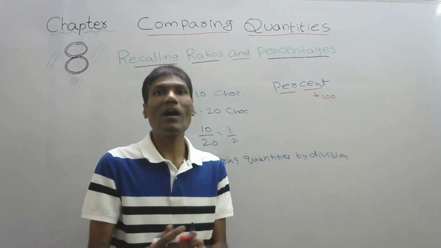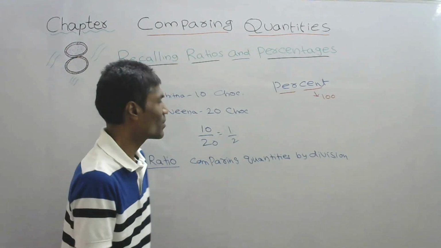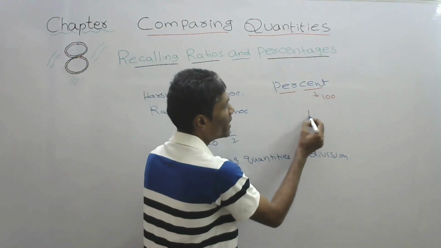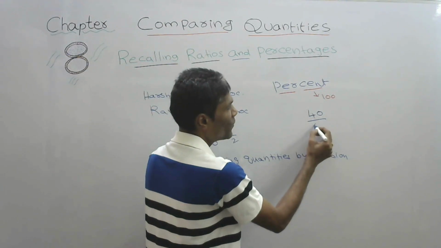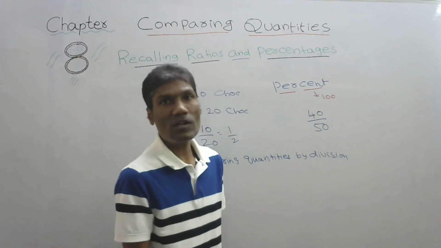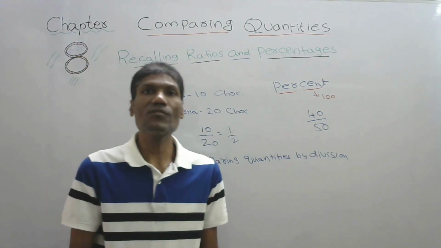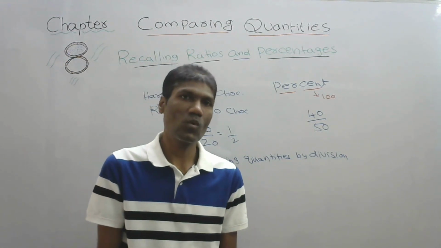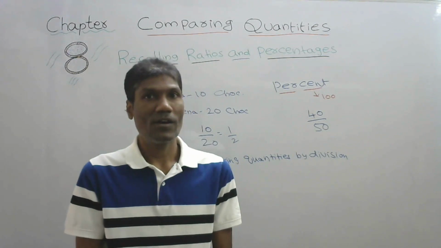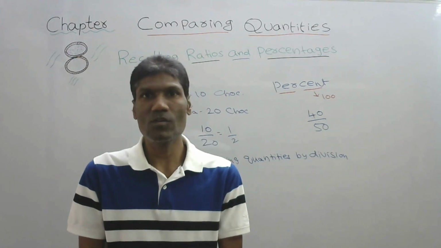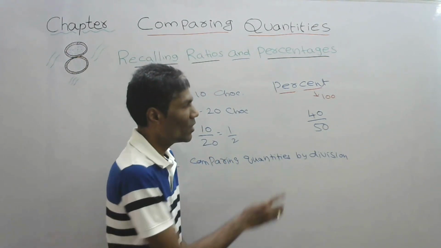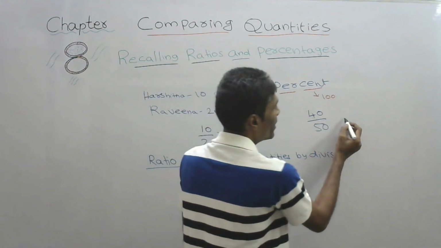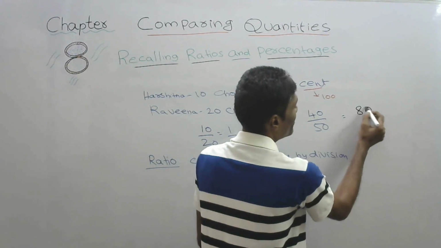Percent means per 100. Say for example, a student Naveen got 40 marks out of 50 marks. Now I want to find the score for 100. So what I will do? For 50, 40 marks I got. For 100, how much it will be? It is 80.